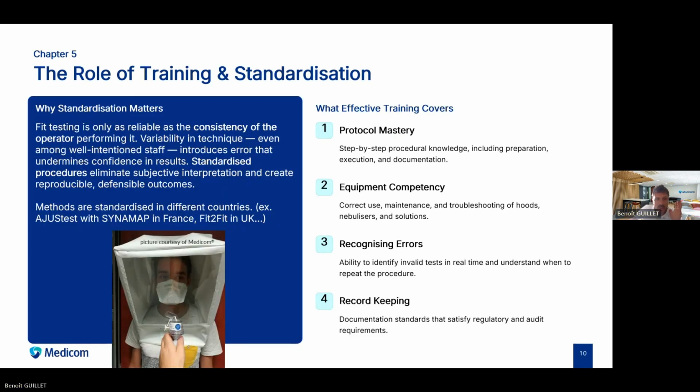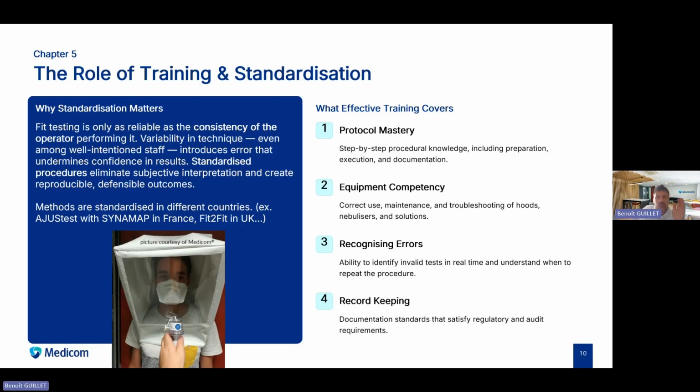So consistency is the foundation of reliable fit testing. Normally, two or three different trained operators should obtain comparable results using the same protocol. Very important.